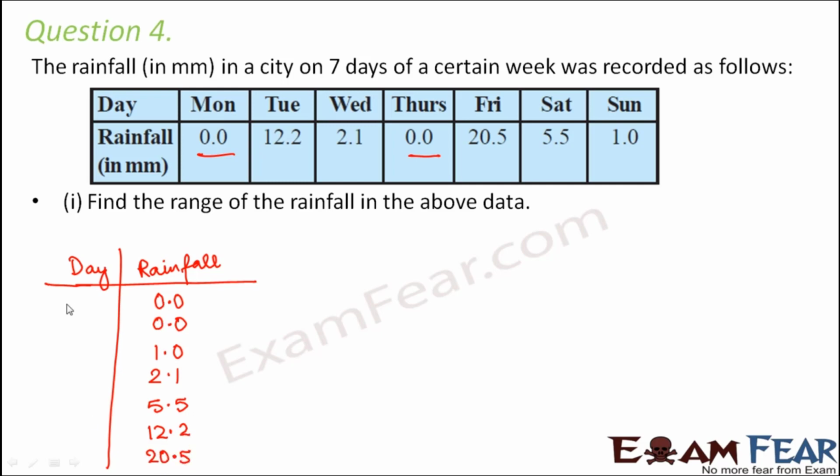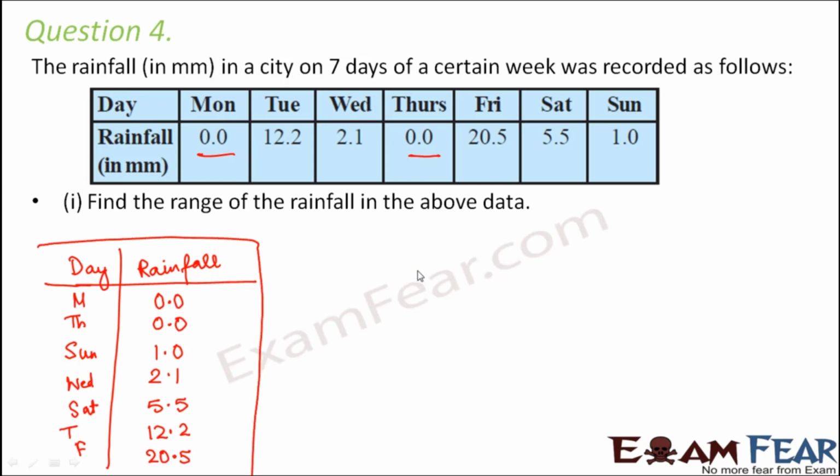So these 0, 0s are for Monday and Thursday. 1 is for Sunday. 2.1 is for Wednesday, 5.5 is for Saturday, 12.2 for Tuesday, and 20.5 for Friday. So this is how I have organized the data in ascending order.